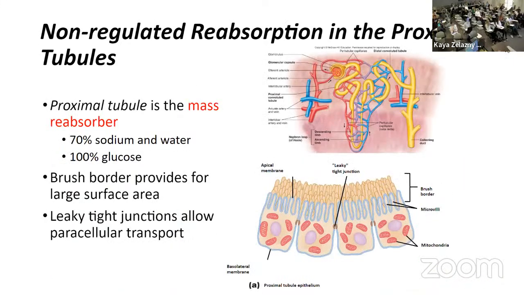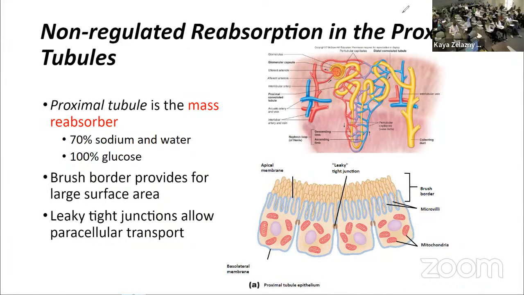We are now thinking about what's happening in the proximal tubule, about that non-regulated reabsorption. Just orienting: here was our glomerulus where we were talking about filtration, and the proximal tubule is just the next thing.